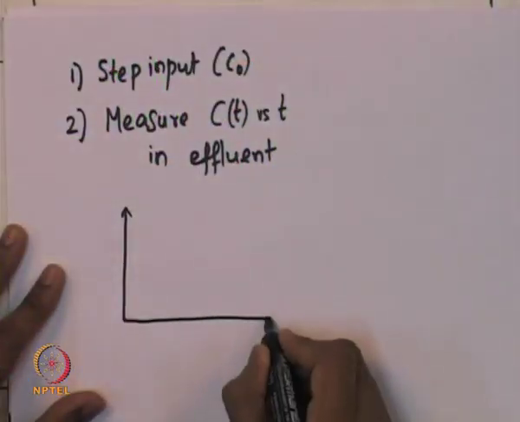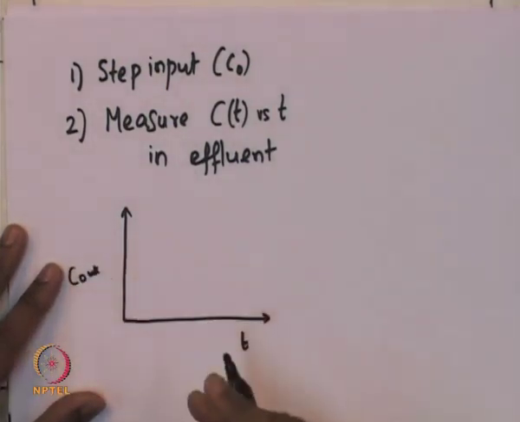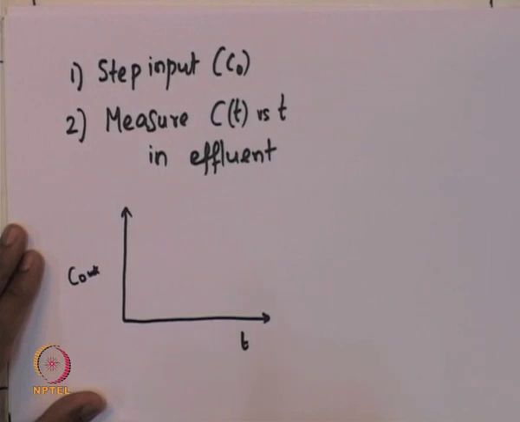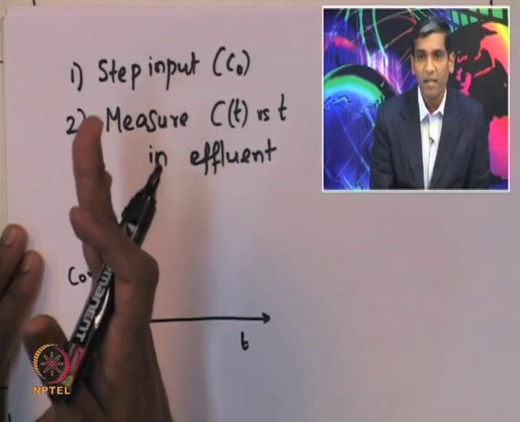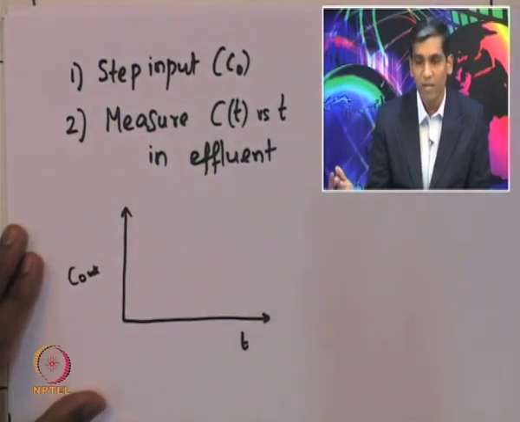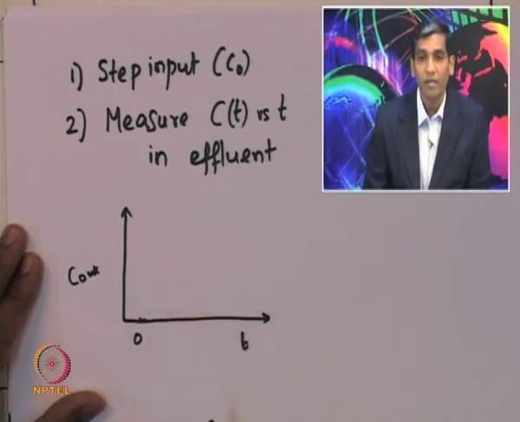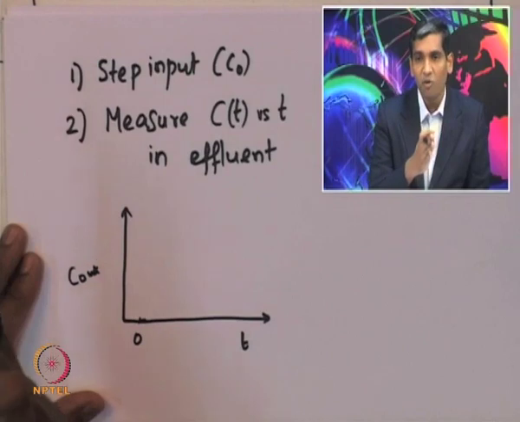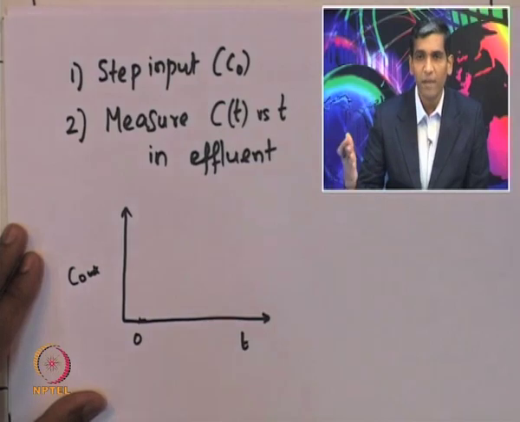If we look at the schematic of the outlet concentration of the tracer, it will essentially look like this, where as a function of time the concentration of the tracer slowly increases from 0. At the time when the step input is provided, there is no tracer present in the effluent stream. So, at time t equal to 0, it starts at 0 concentration, and then the tracer slowly moves through the reactor and appears in the effluent stream.